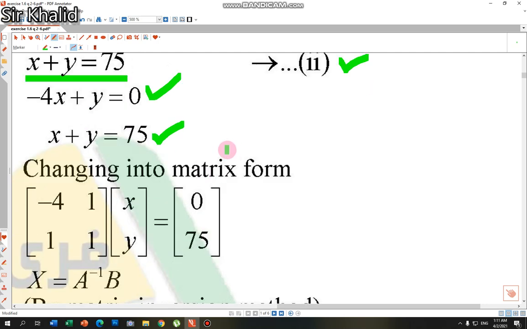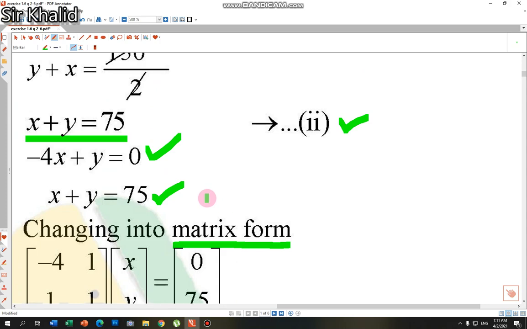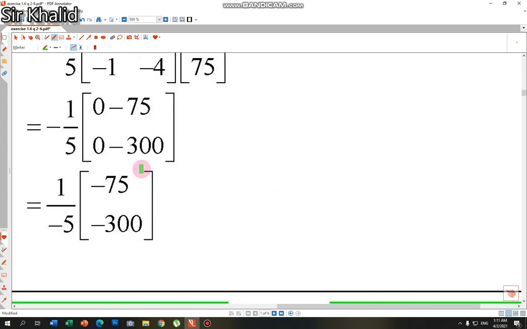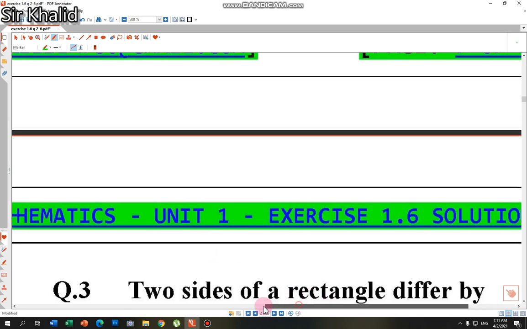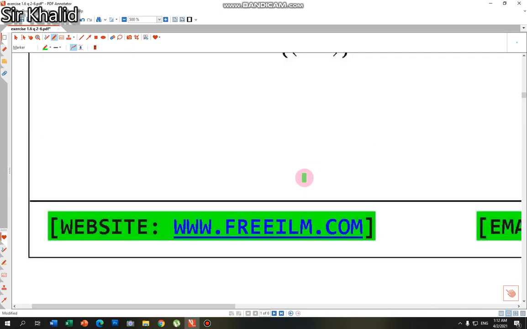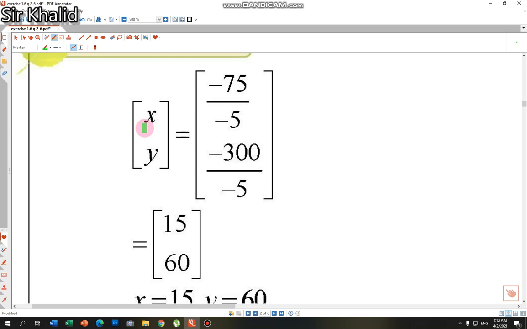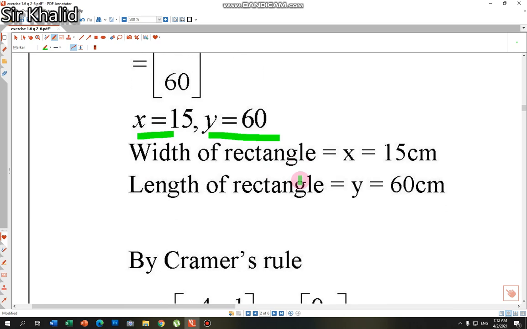In my previous videos, I already taught you how to transform these linear equations into matrix form. Now, from here on, I calculate that the value of x is equal to 15 and y is equal to 60.